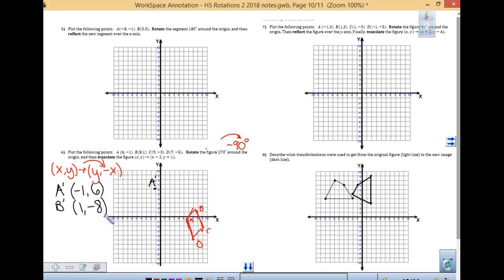I thought y stays the same. The y, they switch places. The y comes first, opposite of our x. So 8, 1 becomes 1 and 8, or negative 1, 6, 1 and negative 8.